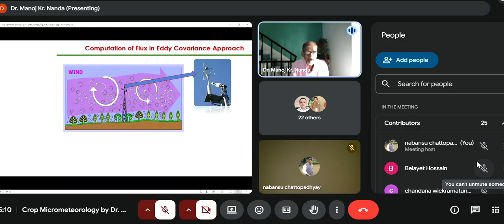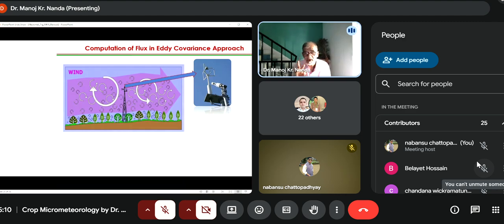This eddy covariance system has two basic components, two essential components. One is your infrared gas analyzer. The other is your sonic anemometer. When I'm saying infrared gas analyzer, then I'm measuring carbon dioxide concentration, vapor concentration, and air temperature.